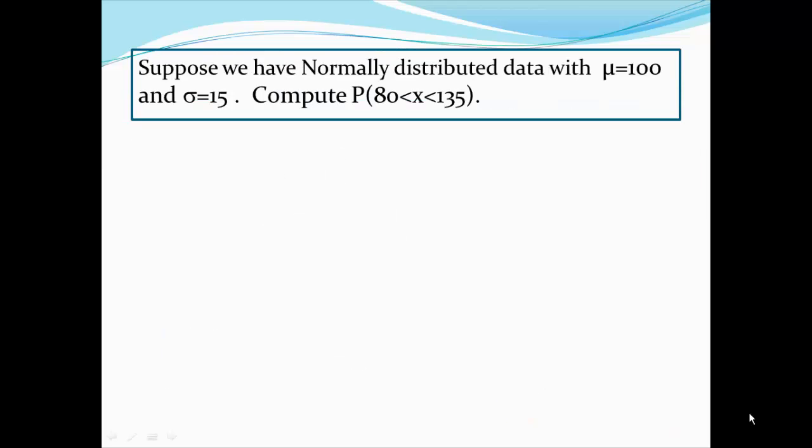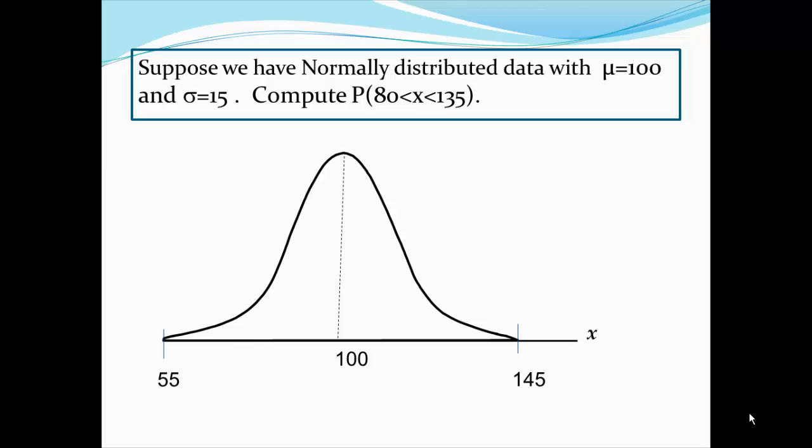Now suppose we have normally distributed data with a mean of 100 and standard deviation of 15, and we want to compute the probability that x falls between 80 and 135. According to our steps for computing probabilities for continuous random variables, we begin by drawing the density curve for this example.